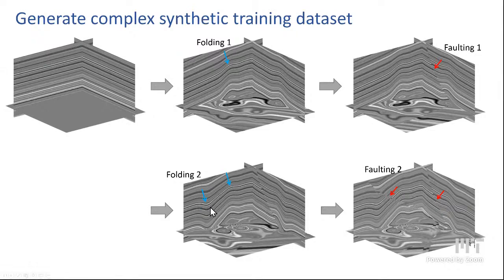You see the second folding added on top of the first folding, and then we can add faulting again. It can be one or multiple faults in this second sequence. And this process can iterate and would make the training data more realistic to mimic the real geology.